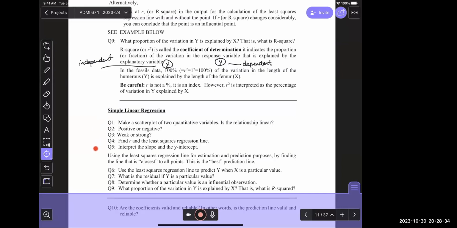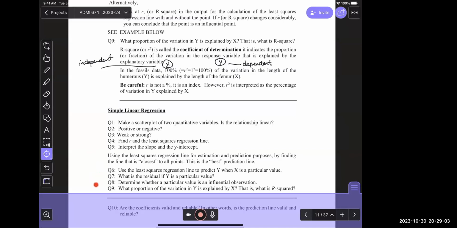We know how to interpret the slope and the y-intercept. We understand that the least squares regression line is the line that fits closest to all the points. It is also known as the best prediction line. We know how to use the least squares regression line to predict y when x is a particular value. We know how to find a residual.